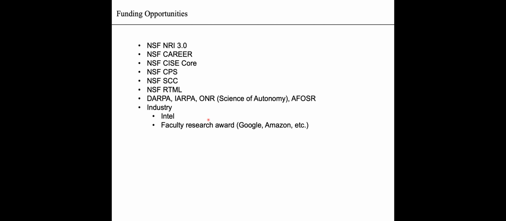And also maybe through students doing internships, we can establish connections with other industries and see if there are other funding opportunities like gift funds, etc. And also some companies have faculty research awards like Google, Amazon, Facebook. Those are also very good opportunities, and I want to apply for those awards.